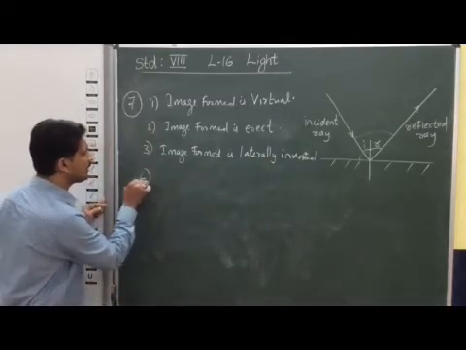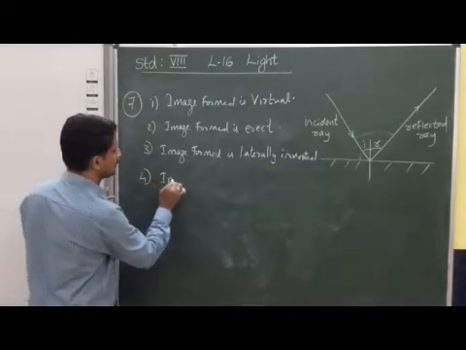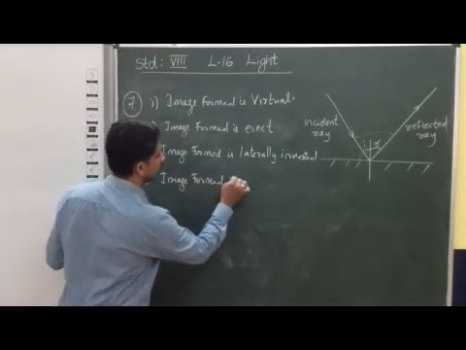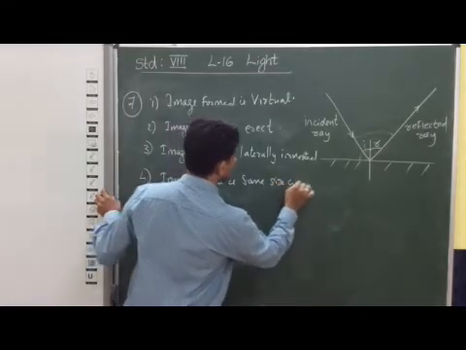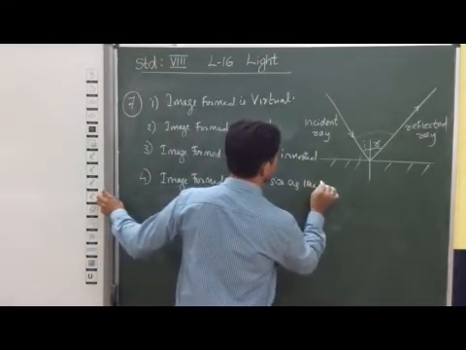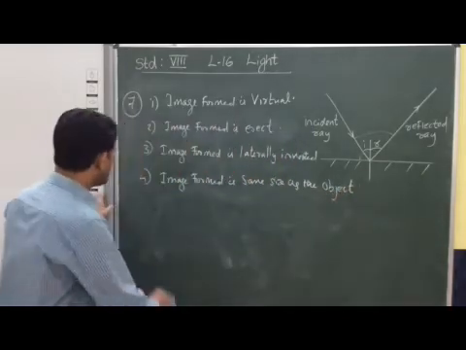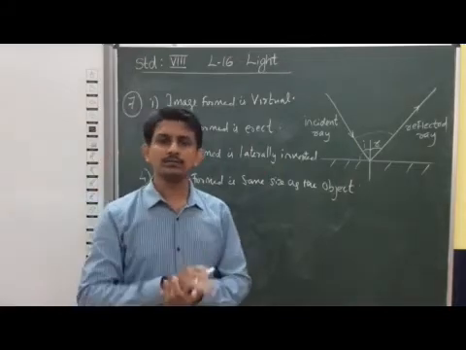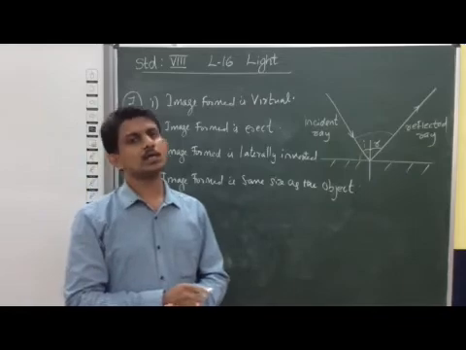Then the fourth property we can say is that the image formed is the same size as the object. And the fifth property is that the image is formed the same distance behind the mirror as the object is in front of it.